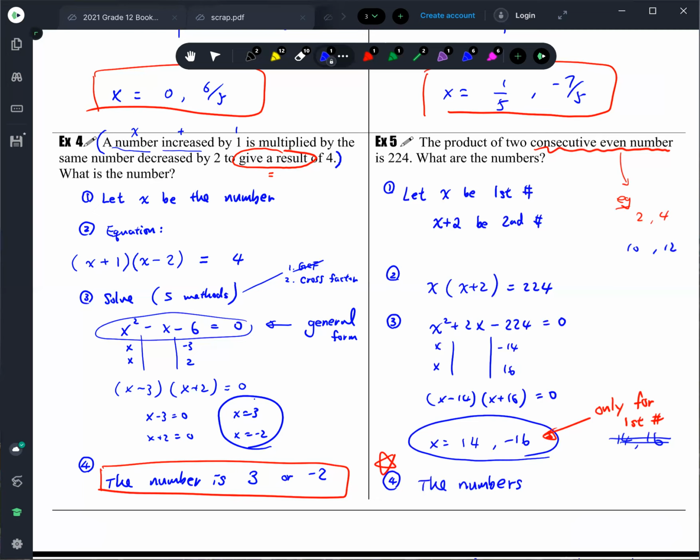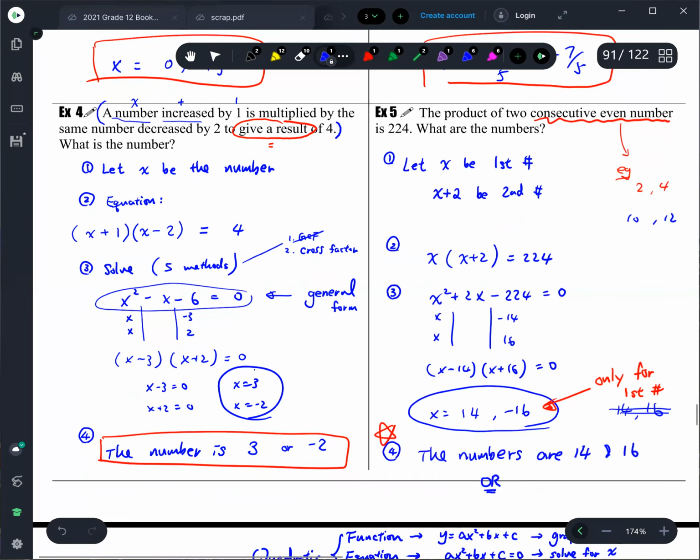Yeah, so you can say the numbers are 14 and 16, or, right, so you have a second option. How do we get a second pair? The first number could also be negative 16, right? So if x is negative 16, what will be the second number? Negative 14. Negative 14, yeah.